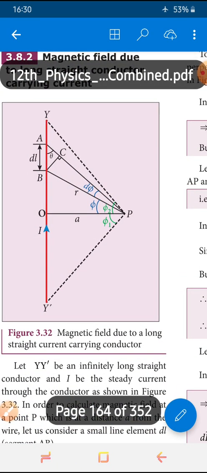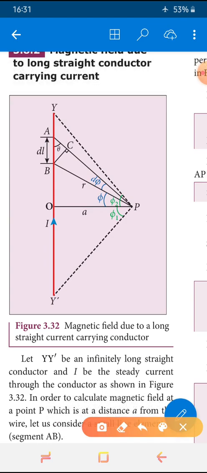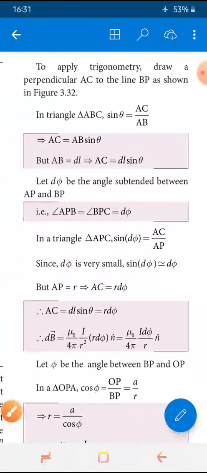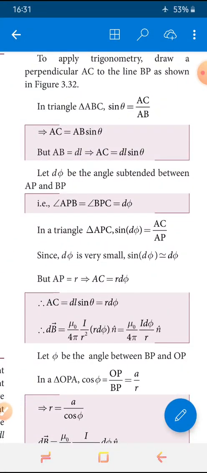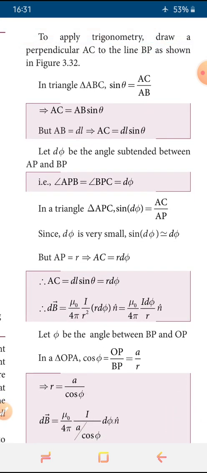Actually, this is not B, this is A, this is B. So opposite is AC, and hypotenuse we wrote as AB. After cross multiplication, AC is equal to AB sin theta.